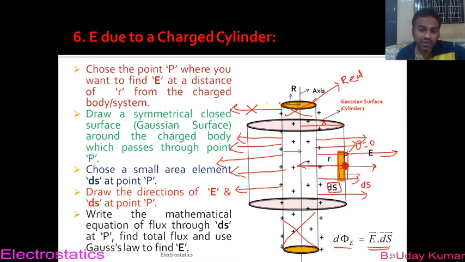Okay, so now let us assume, I am mentioning here itself, that the length of the Gaussian cylinder that I am choosing, I can take it as L, and the charge that is present inside this Gaussian cylinder, I can take it as plus q. I am choosing the length of the Gaussian cylinder as small l, and I am choosing the total charge present inside this Gaussian cylinder.